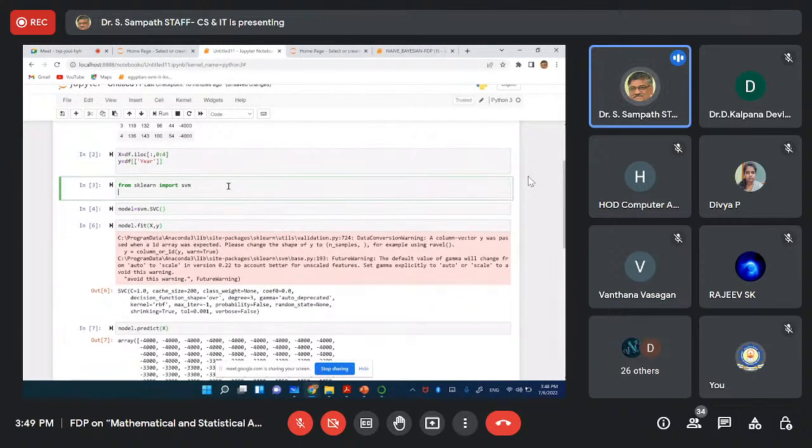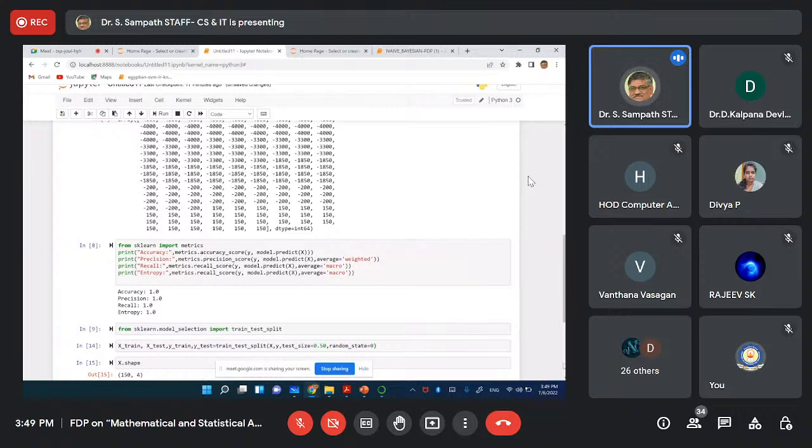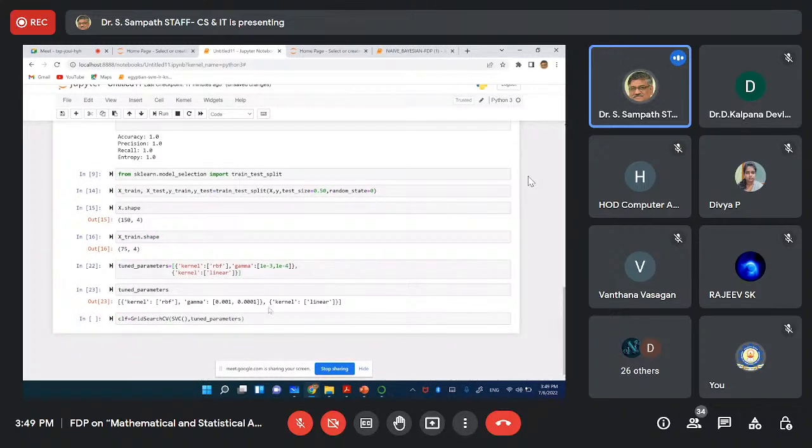So I would like to have from sklearn dot model underscore selection import GridSearchCV. The CV stands for cross validation, so it is doing grid-wise. That means it will take all possible combinations which we have given there.